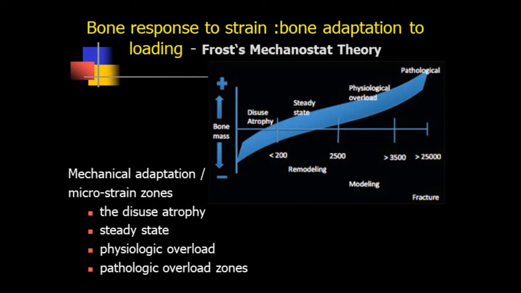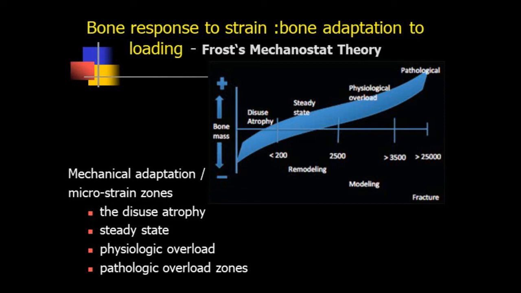Next, coming to Harold Frost's Mechanostat Theory, where he demonstrated the bone response to strain, that's the bone adaptation to loading. So Frost showed that increase in bone mass is related to the strain that is applied to the bone. So he developed a mechanical adaptation chart relating different types of loading to the ranges of strain that is applied to the bone.